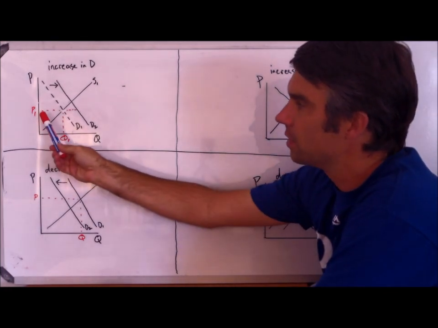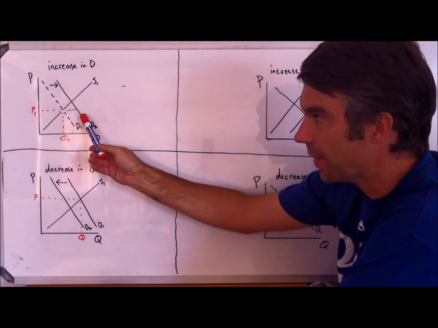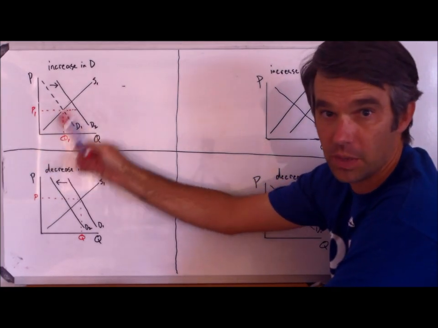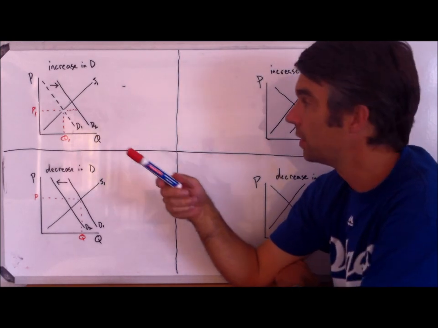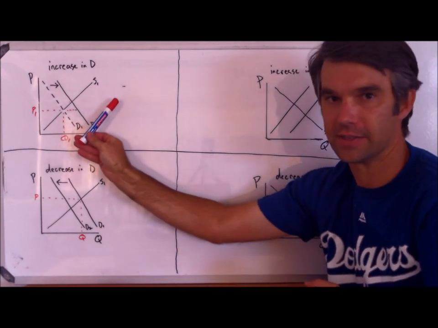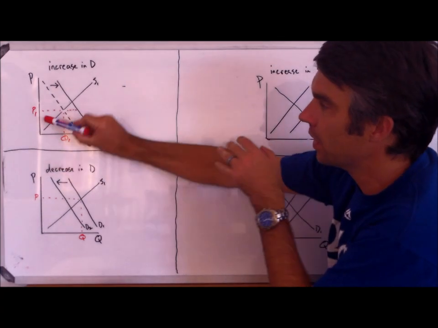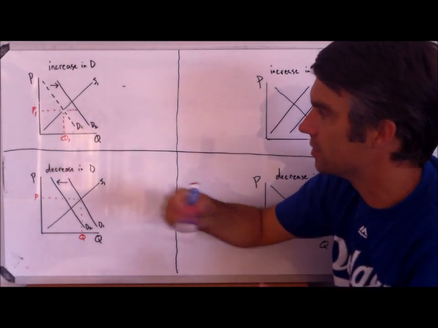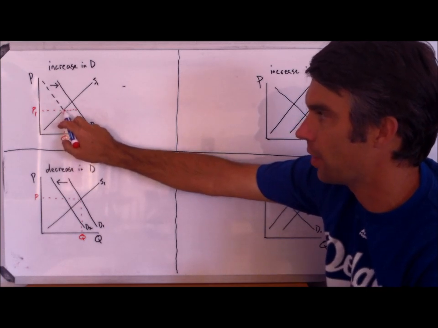So what we need to look at is the old price and compare it to the new demand curve and then the same supply curve. Remember, we're not going to change supply in this situation as well. You will see a change in quantity supplied, but overall supply isn't going to change. We're not going to see this curve shift. So if we look back at P1, what we can see is Q1 is really now the quantity supplied at that price.